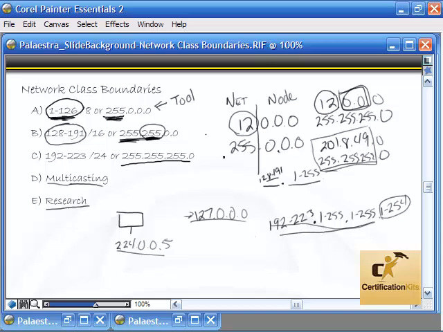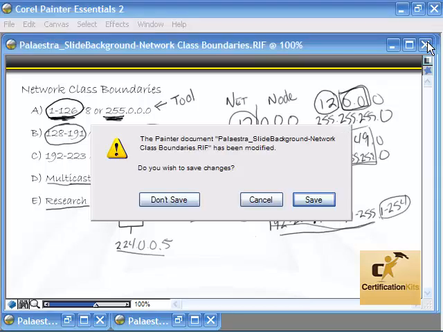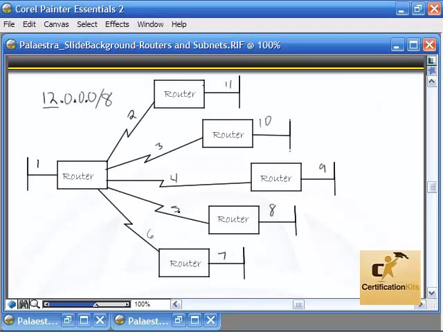Let's go back to that subnetting that we were doing. We're actually going to subnet something. So here we were in a network with up to 11 subnets. We're using the network address 12.0.0.0, which is a Class A, which is /8 or 255.0.0.0.